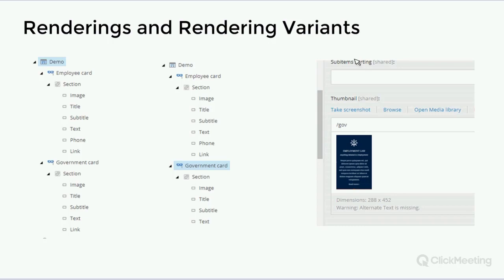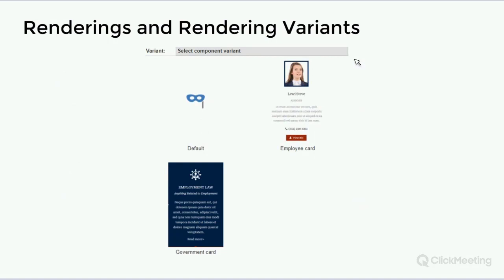But there is now complete support since, I think, version 1.5, if I'm not mistaken, maybe 1.6. They're now using the thumbnails to render what we are going to see. So what happens when we are in the Experience Editor, when I drag and drop my demo, it's going to ask me to select which variant I want to use.